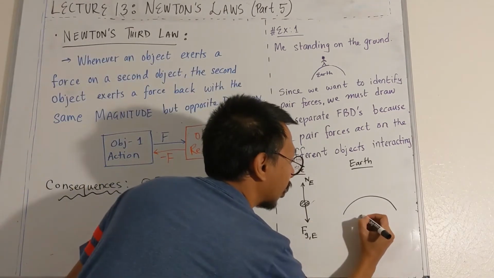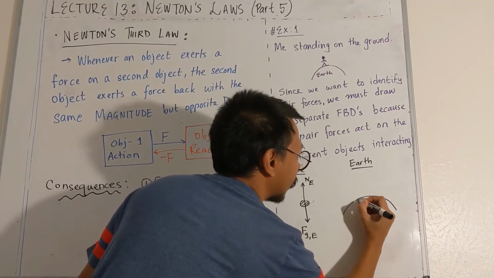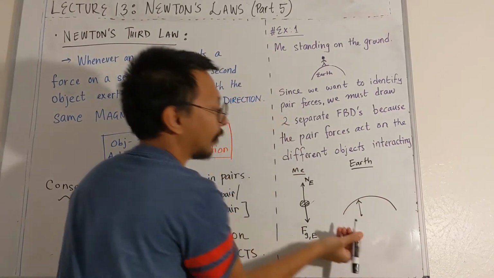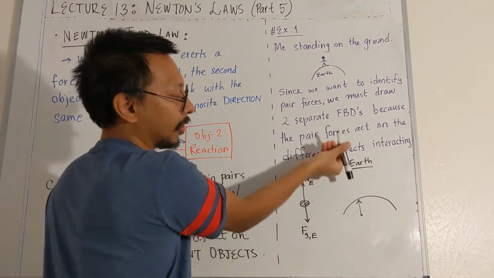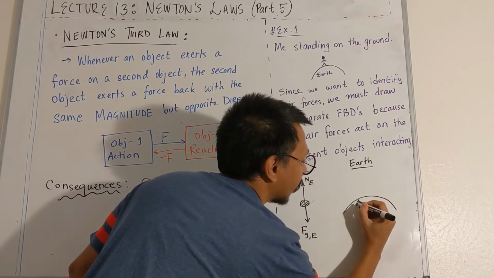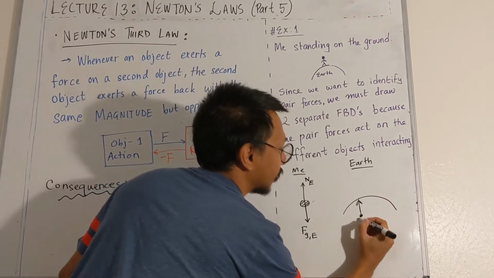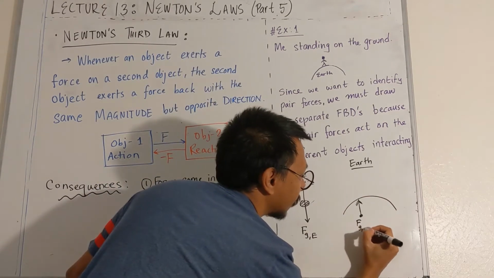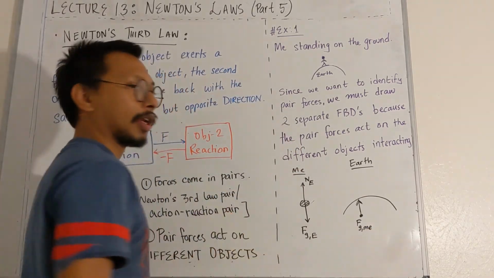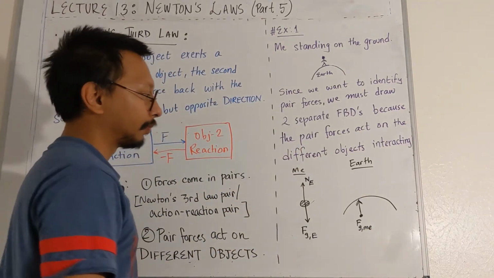So Earth will also feel a gravitational force on it, but from me. So I will pull Earth towards me. Alright, so that's why the arrow is pointed up. So this is Fg, the gravitational force, Fg me on Earth.